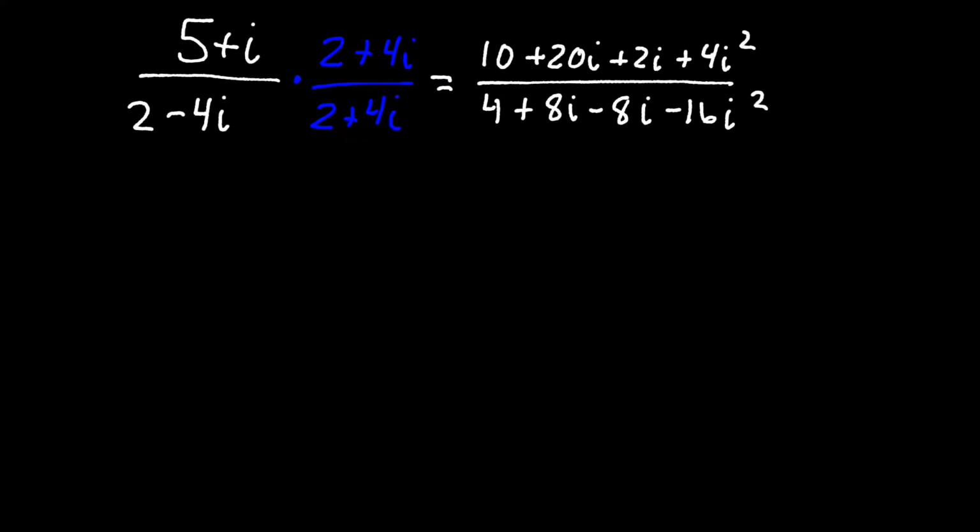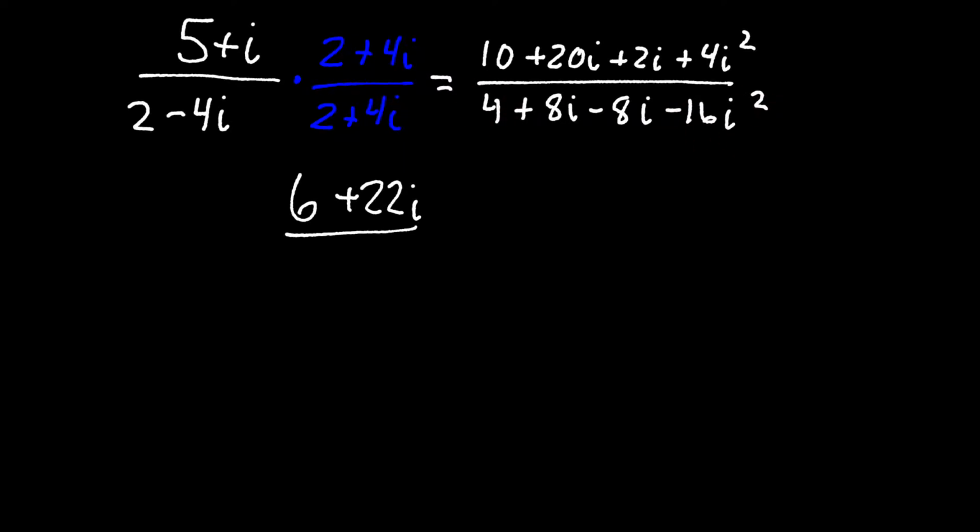Now, take care of our i squared terms and combine any like terms that we have. 4i squared is a negative 4. So 10 with a negative 4 is going to be 6. 20i plus 2i is 22i. So our numerator is 6 plus 22i. Negative 16i squared is a positive 16.